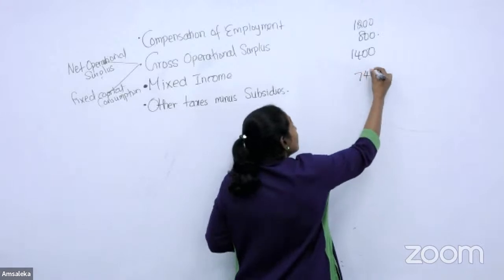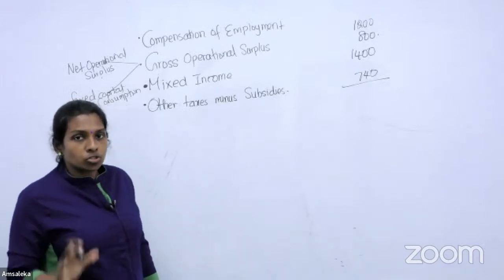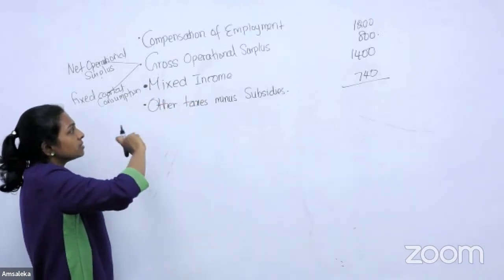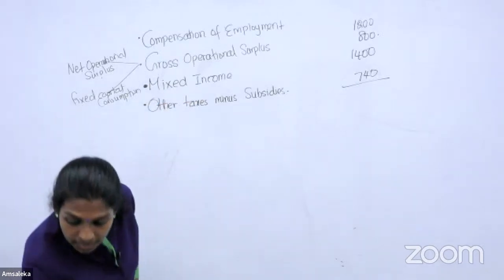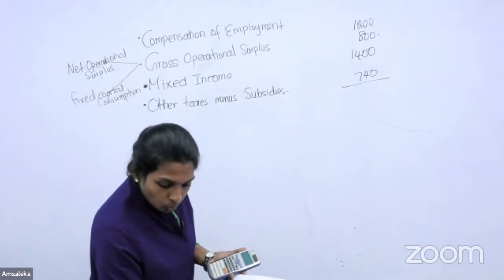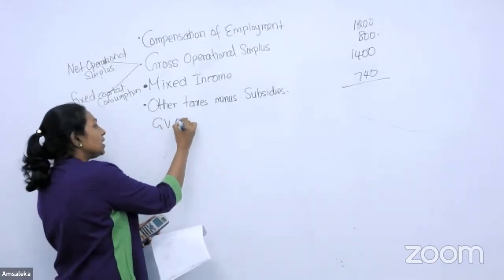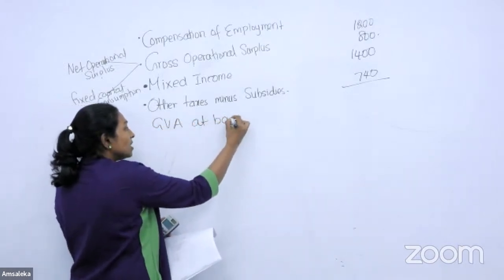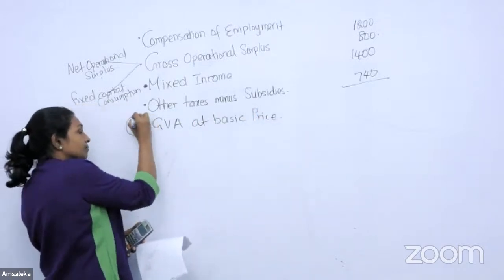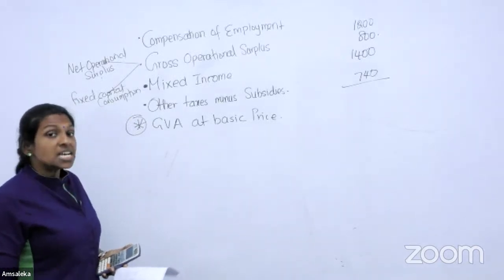Now remember, these four are the maximum included in the income approach: compensation of employment, gross operational surplus, mixed income, other taxes minus subsidy. If you add these four, you will get the answer of GVA at basic price. This is the first requirement they ask. Anyhow, they will ask you to find GVA.